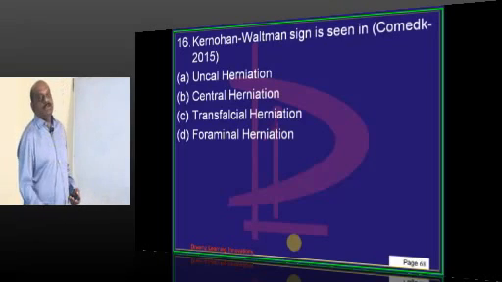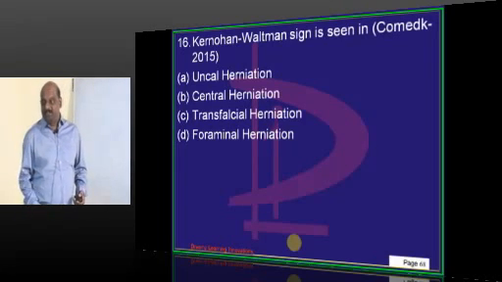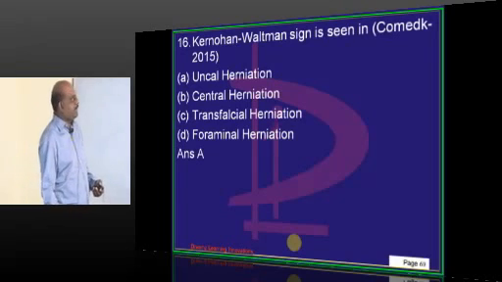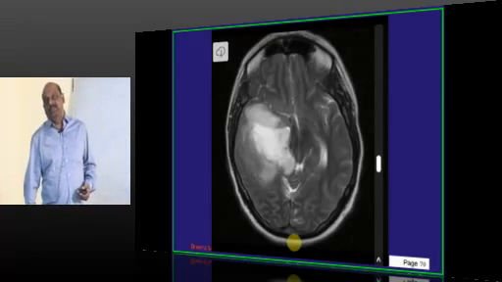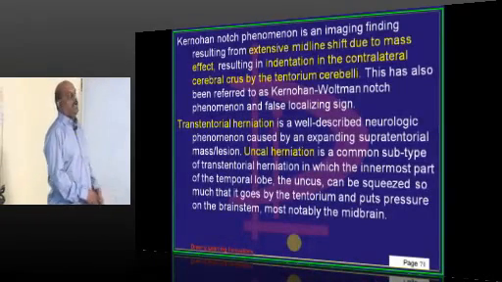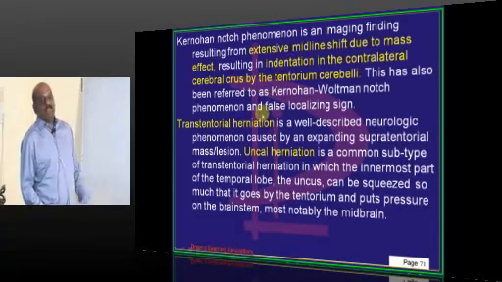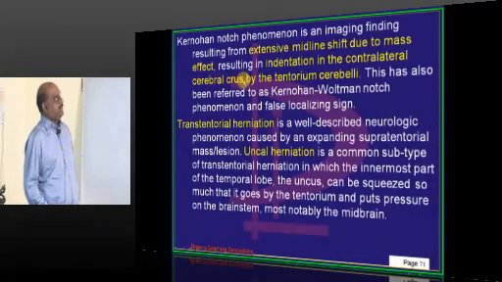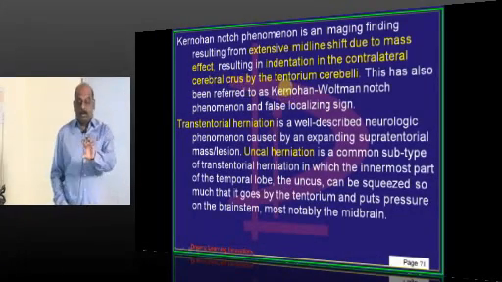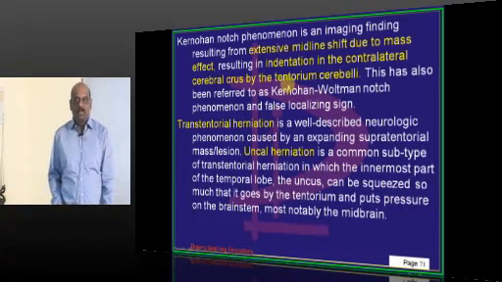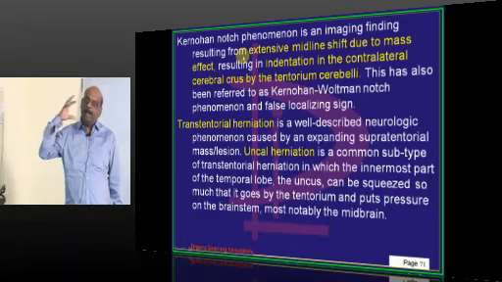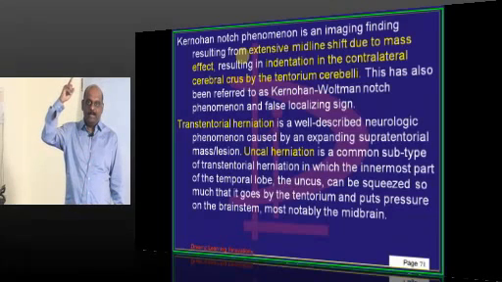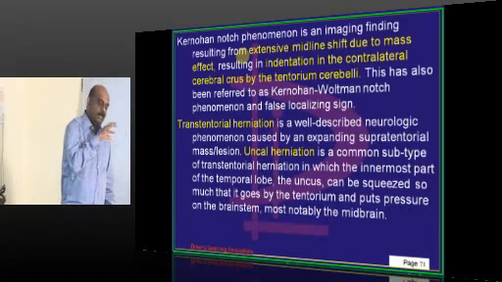Kernohan-Woltman sign, where do you see? Oh, this is a very easy question. Kernohan's notch, we see in case of transtentorial herniation, right? In uncal herniation. What is Kernohan's sign, doctor? Typically, whenever there is any midline shift because of mass effect, the contralateral cerebral crus becomes indented. See, I have a bleed on the right brain. That right brain bleed led to raised intracranial tension and compressed my left side cerebral crus.